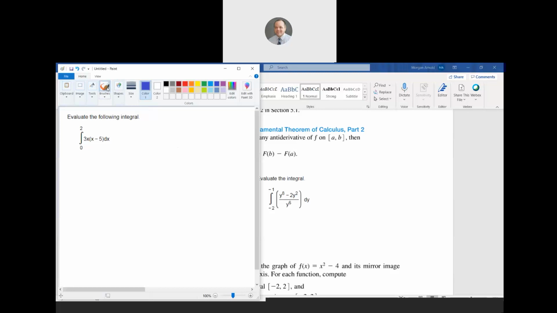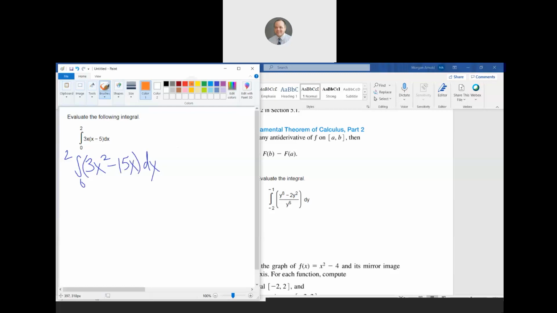So we'll rewrite this now as the integral going from 0 to 2 of 3x squared minus 15x dx. Now we can integrate each term by reversing the power rule.